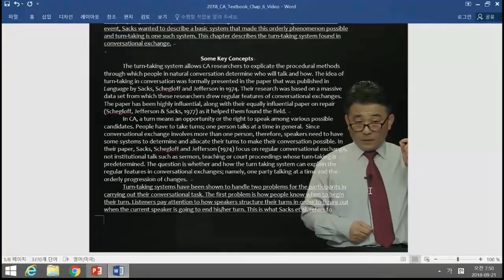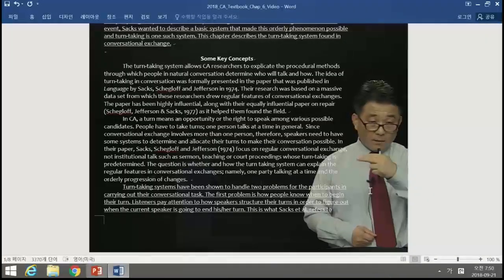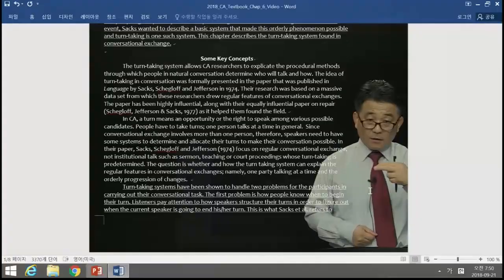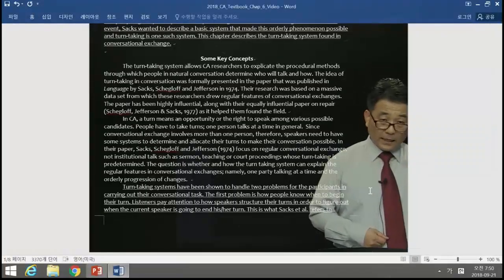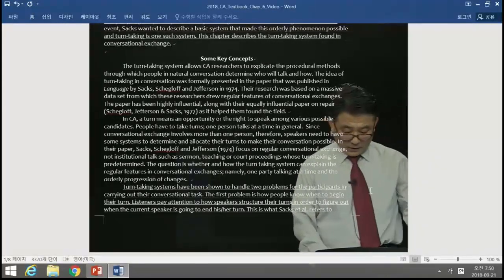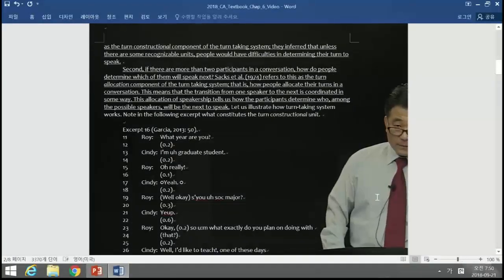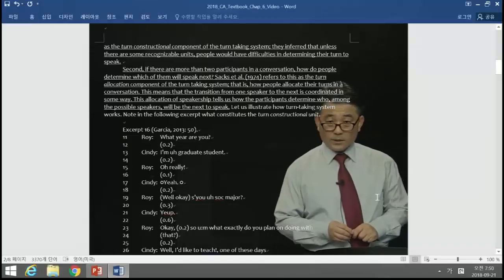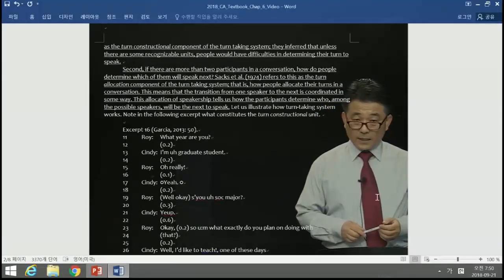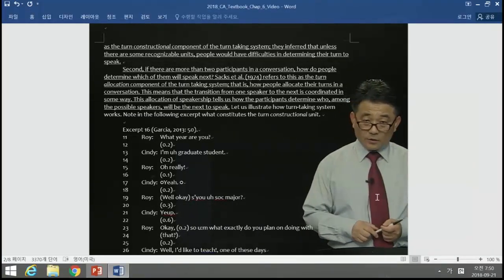Listeners pay attention to how speakers structure their turns in order to figure out when the current speaker is going to end his or her turn. So, if you want to speak next, then you have to figure out when the current turn by the current speaker is going to end. Then you can start your talk. This is what Sacks et al. refer to as the turn constructional unit, the turn constructional component of the turn-taking system. They infer that unless there are some recognizable units, people would have difficulties in determining their turn to speak.